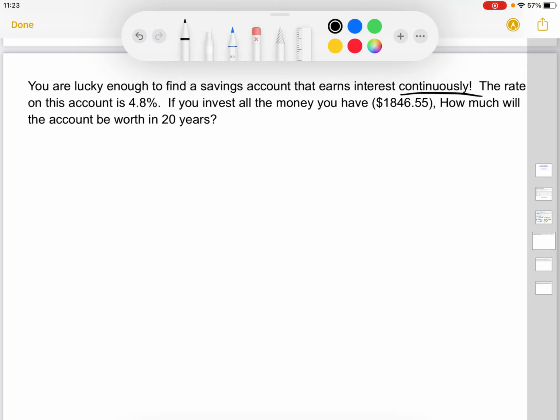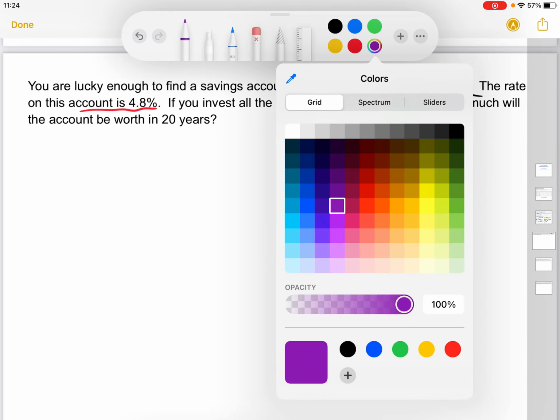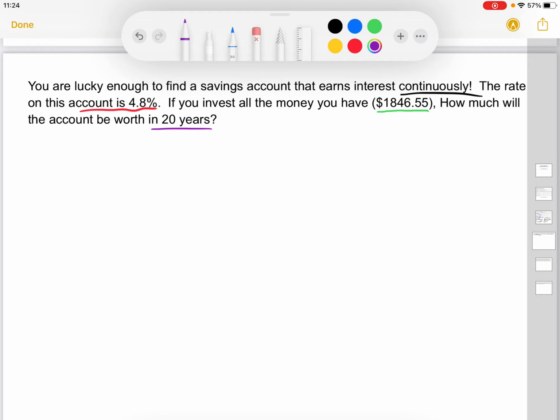We're very happy about that. Again, no limit on how many times we are compounding. The rate on this account is 4.8%. Knowing that this is a great deal, you're going to invest all the money you have, which just so happens to be $1,846.55. How much will this account be worth in 20 years?